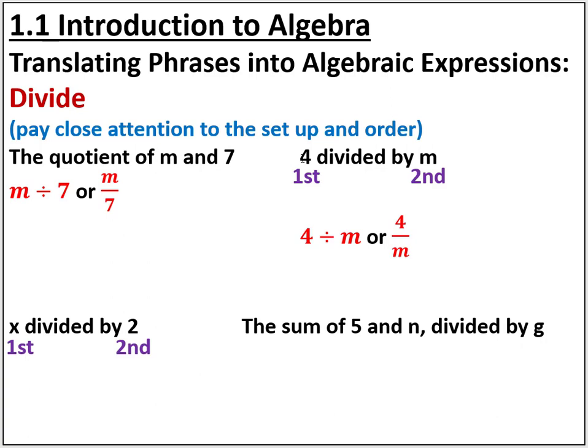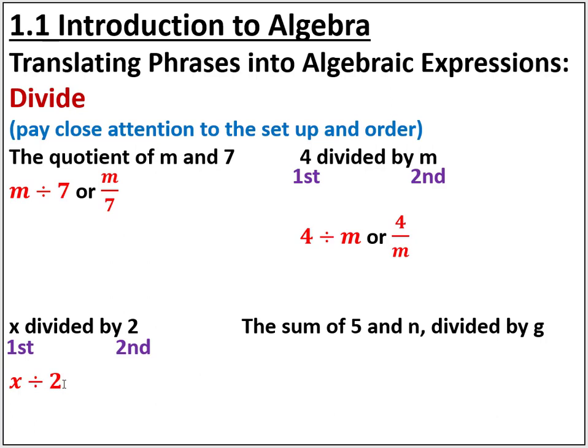Here in the third example, the x is in the front, so if we follow the same order as in the second example, we should set it up according to what we have in this phrase. So since the x is in the front, we're going to write that first. And since the 2 is after "divided by", we're going to write that second. So we're going to write it as x divided by 2.